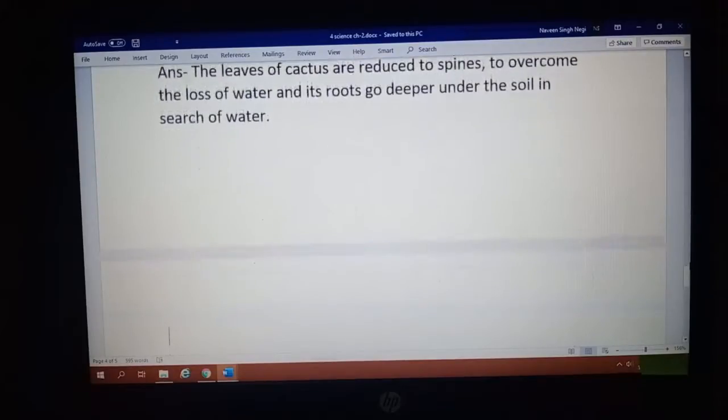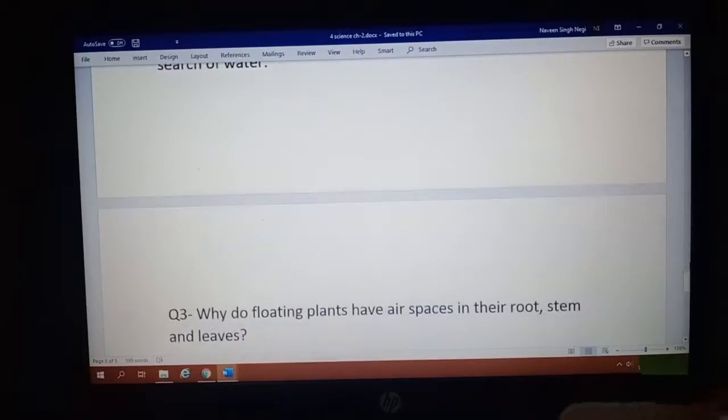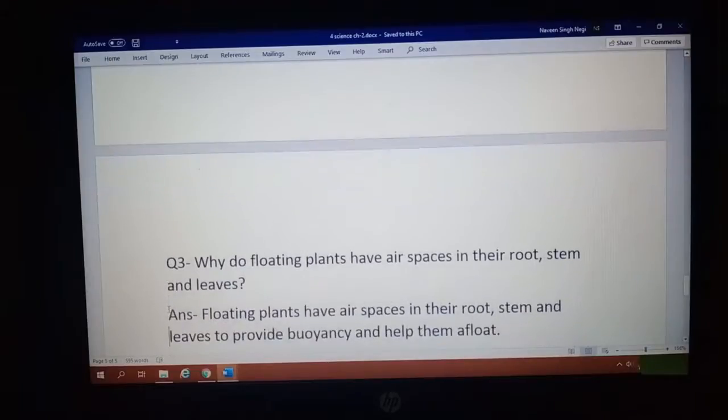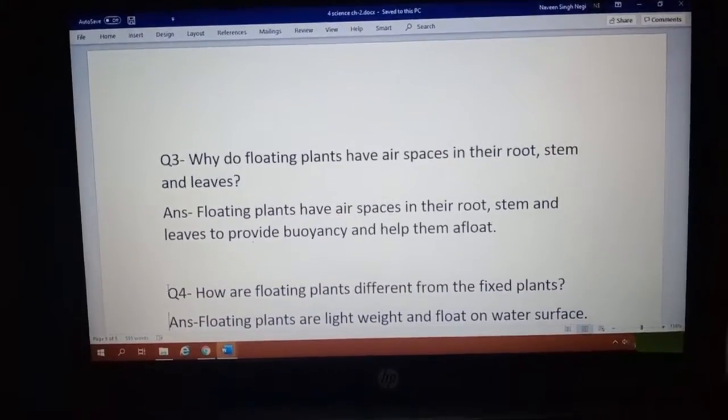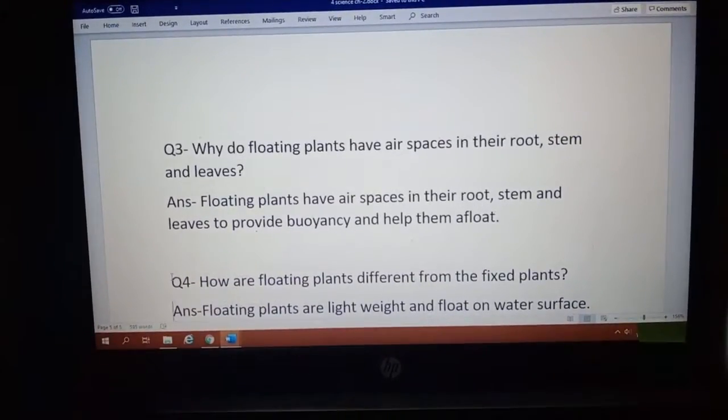Now students, come to question number 3. Question number 3 is, why do floating plants have air spaces in their roots, stem and leaves? You must have seen a vegetable that is kamal kakdi.